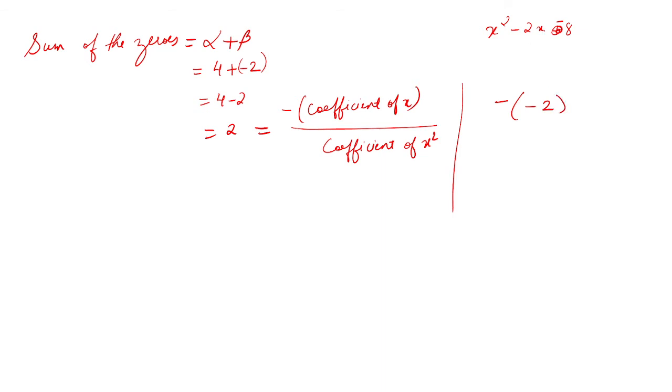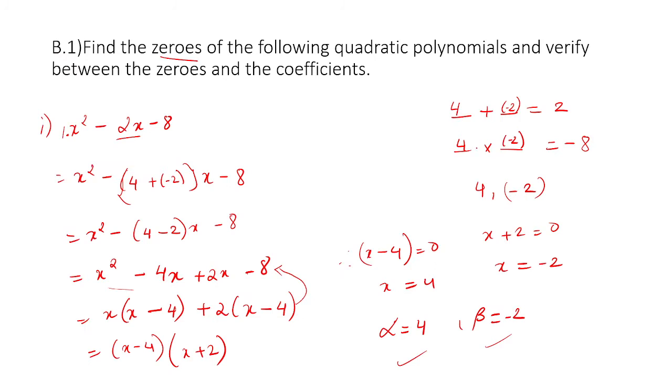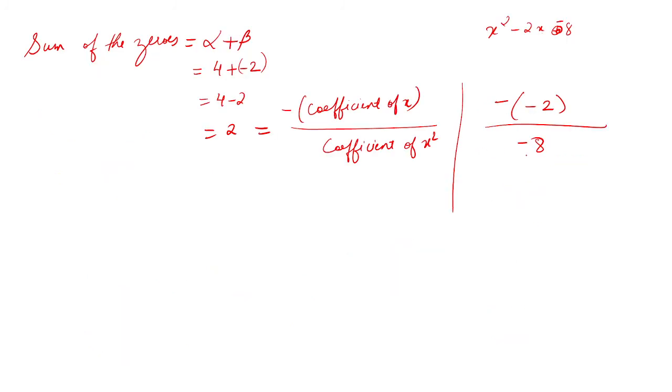And the coefficient of x squared is minus 8. Okay, maybe somewhere we have made a mistake. So you can just cancel it out and you're left with 1 by minus 1 by 4.